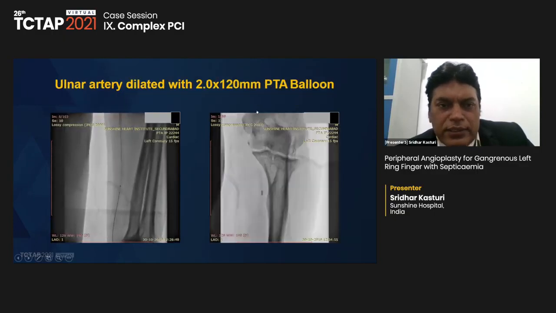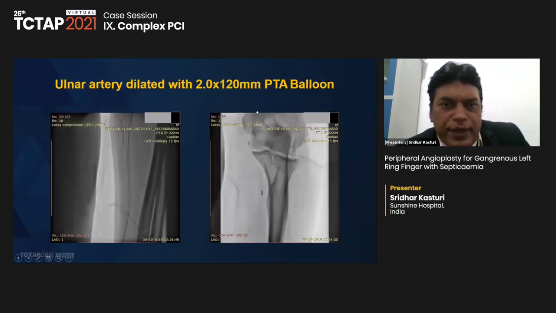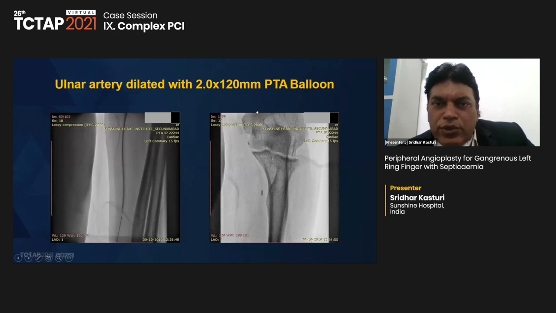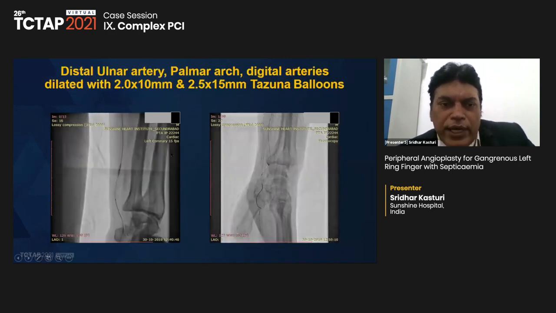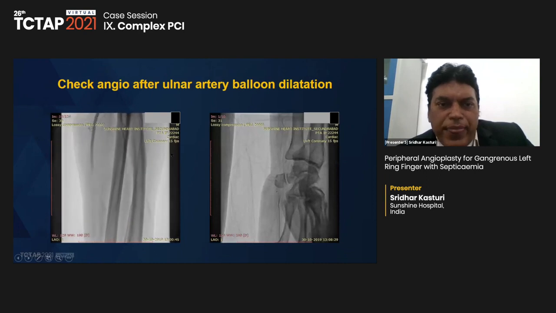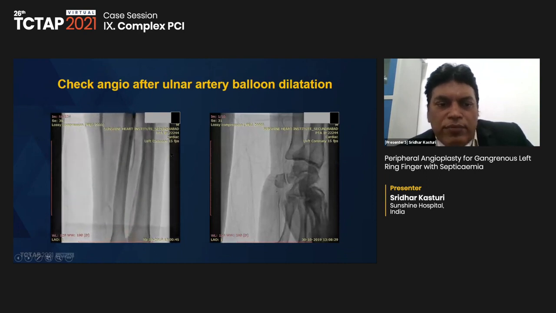Then we crossed the ulnar artery, and it was dilated with a 2 by 120 mm peripheral balloon. This is the balloon dilatation. Then distally, we took the Tazuna 2 and 2.5 mm balloons to dilate the distal portion of the radial artery, ulnar artery, as well as the distal arteries. After the balloon, we were unable to see any flow.